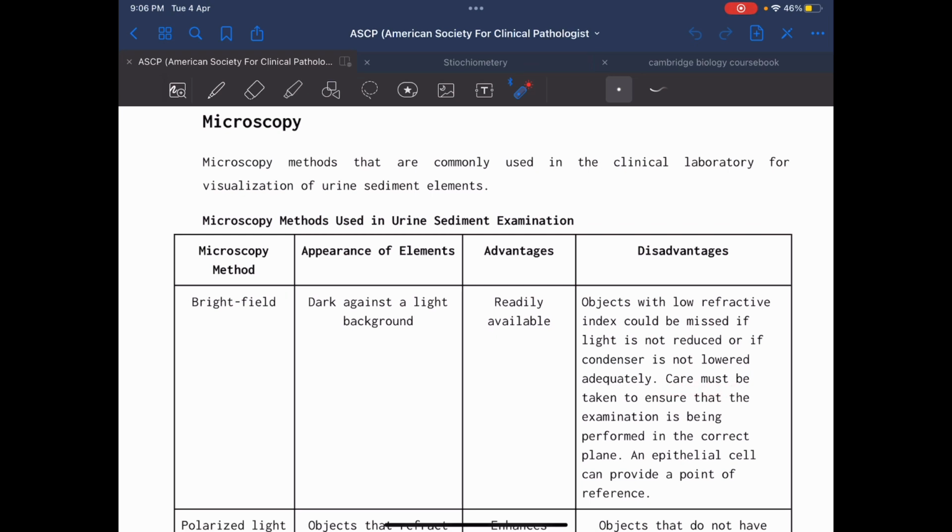Care must be taken to ensure that the examination is being performed in the correct plane, and epithelial cells can provide a point of reference. So you need to adjust the light to see the epithelial cells and take it as a reference to see the other elements.